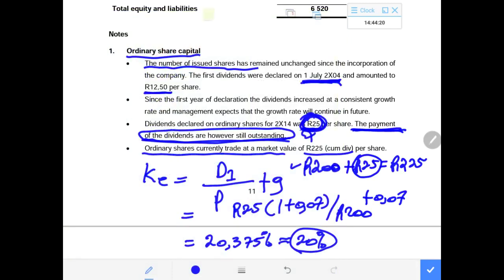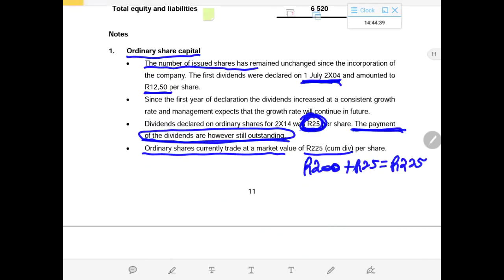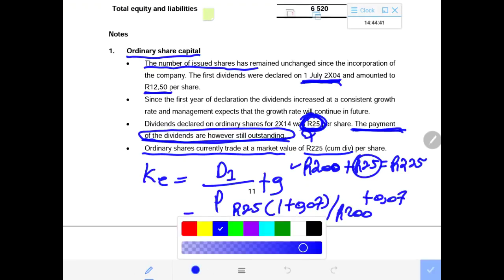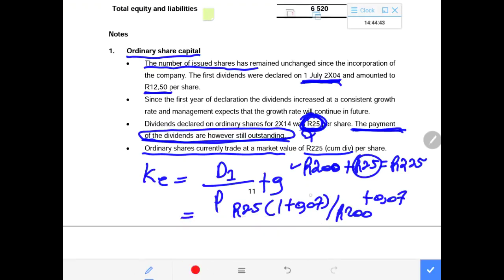So please be mindful that the cost of equity, in this case for ordinary capital, is 20%. And very important, as I said to you, in question 19 the growth rate is given to you, meaning this 7% that we have calculated is given to you already.